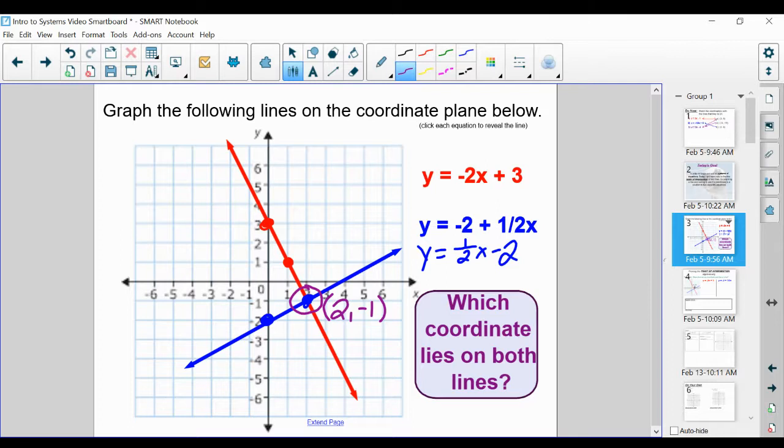And please have out your notes because we're going to jot some down real quick. We call this the point of intersection. We call that the point of intersection. It's where the lines intersect.